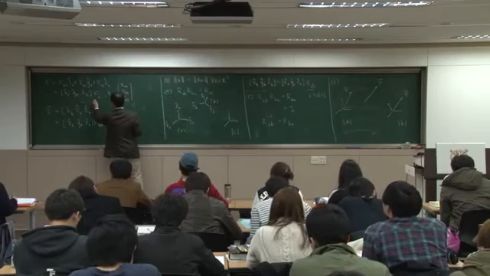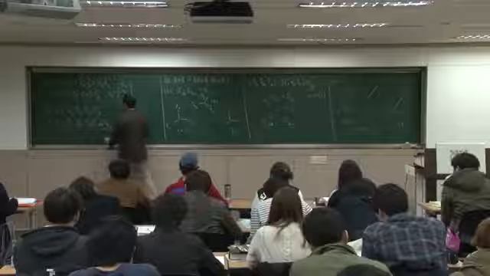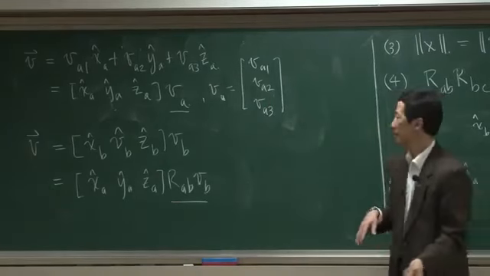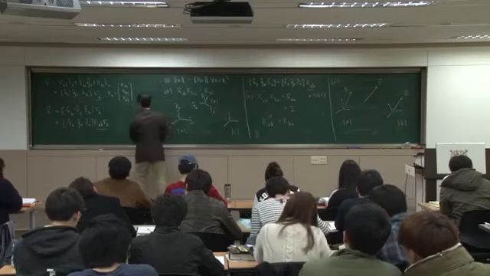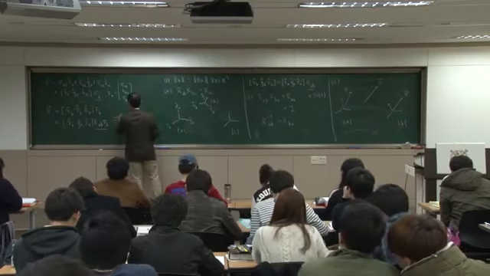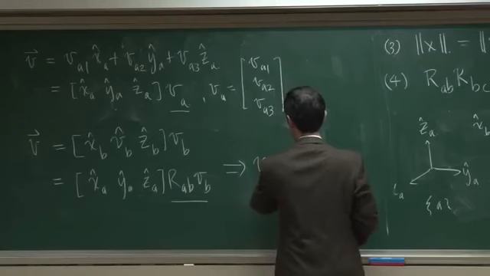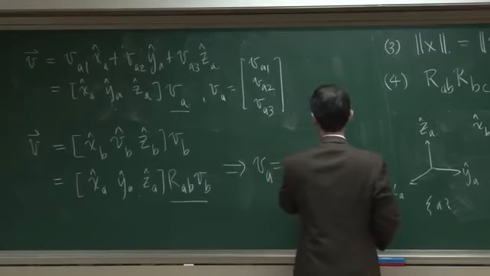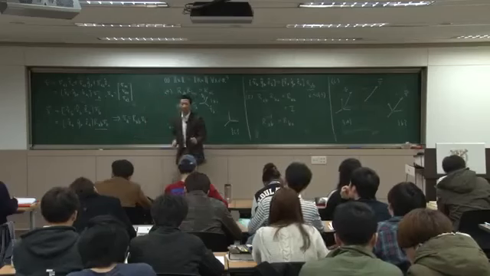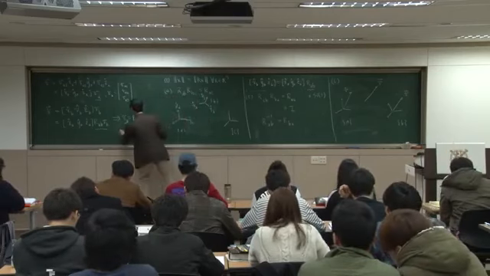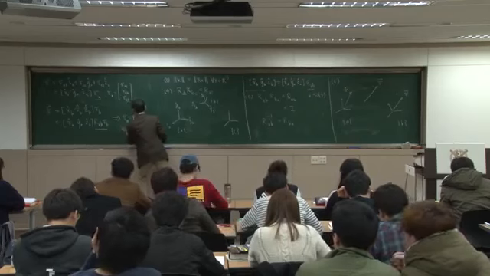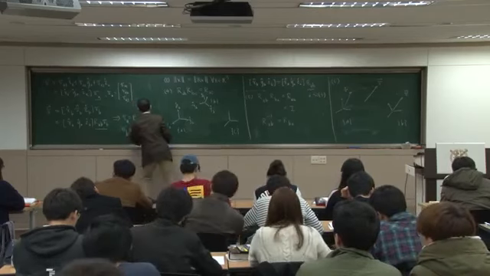So it follows that this and this have to be the same. So we get the result that VA is RAB times VB. And we can also swap notation: VB equals RBA, VA.